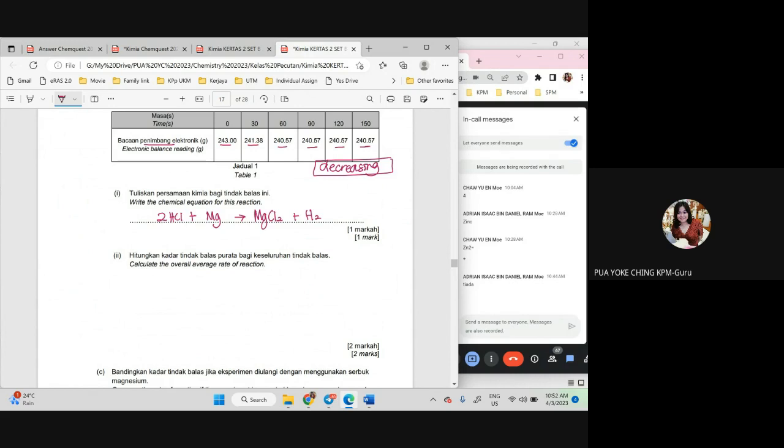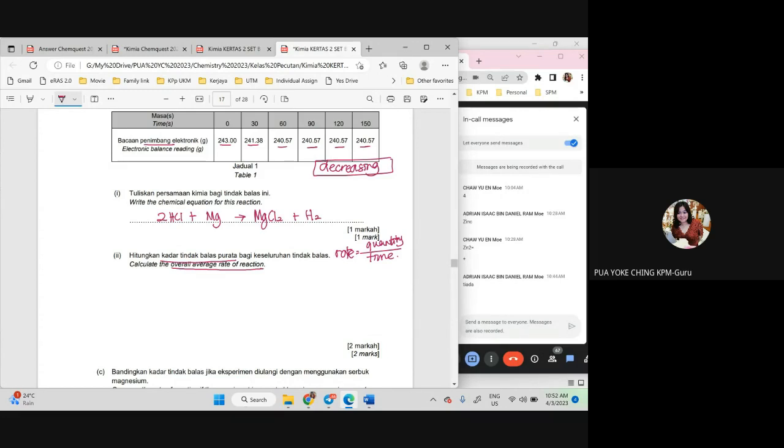Okay. Hitungkan kadar tindak balas purata. Overall average rate of reaction. Kadar tindak balas purata is to calculate the rate lah. Rate, it must be your quantity over time. Quantity tu boleh apa-apa saja quantity.